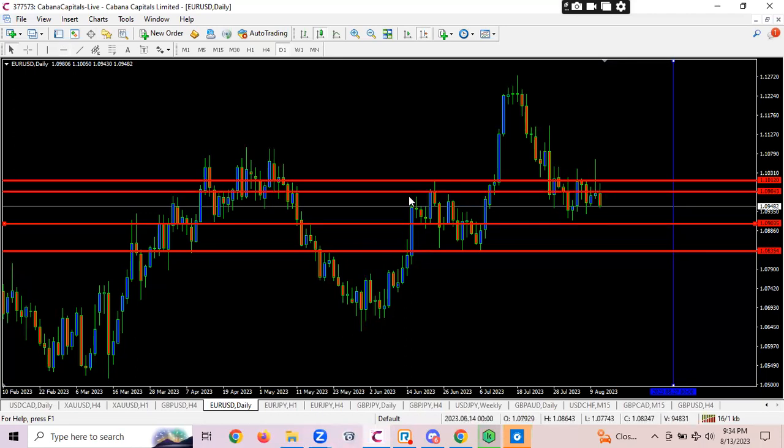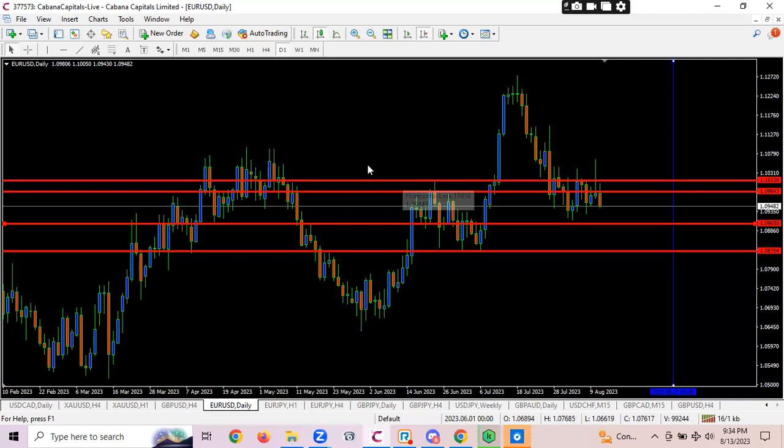If you go back here, you would see it was a previous support, which became a resistance at this level. So if you are considering buying, wait for a candle to close above this resistance.